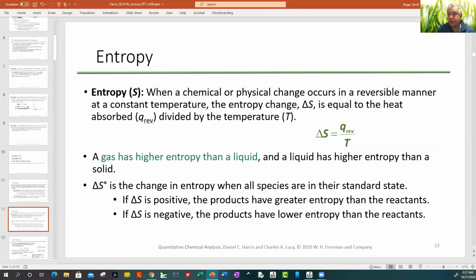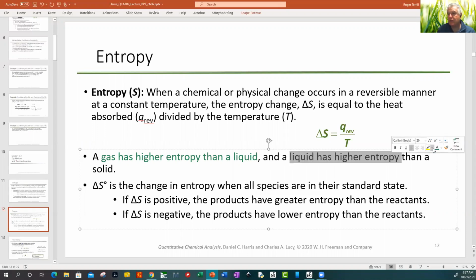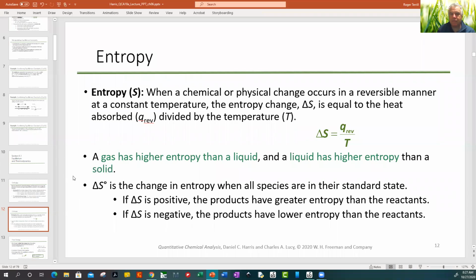And a liquid has a higher entropy than a solid. So if something melts, for example, then it will be increasing its own entropy, right? Phase changes here.